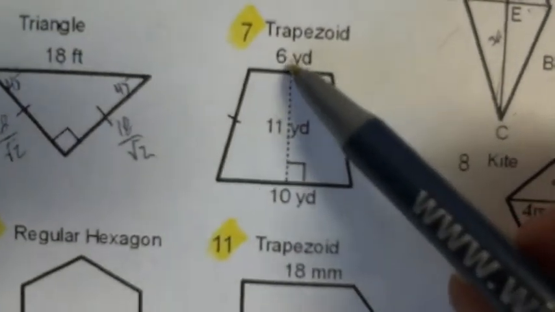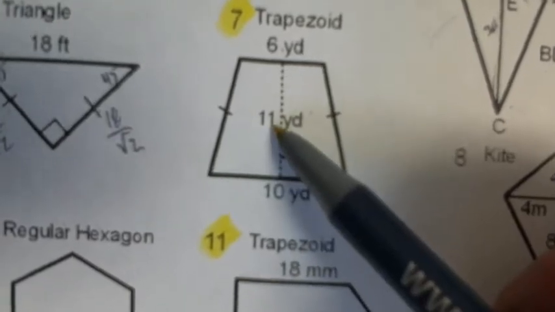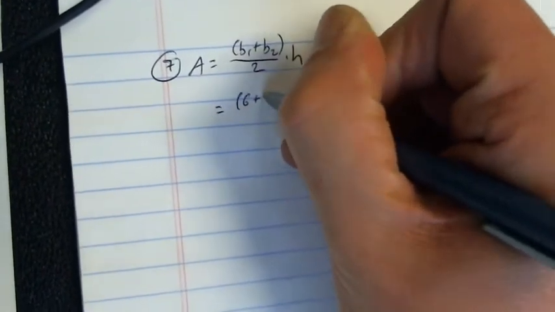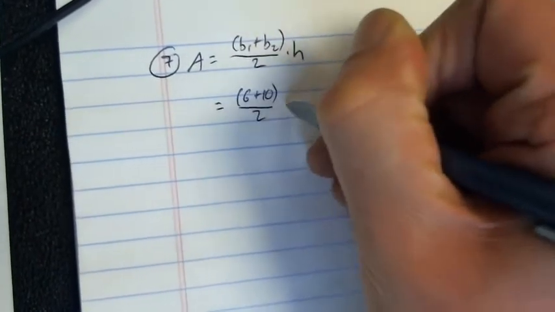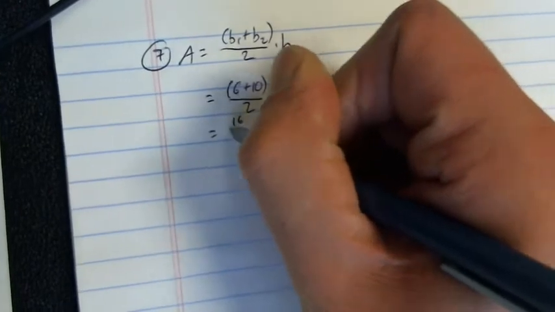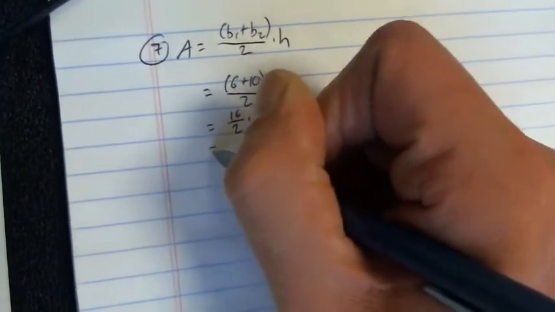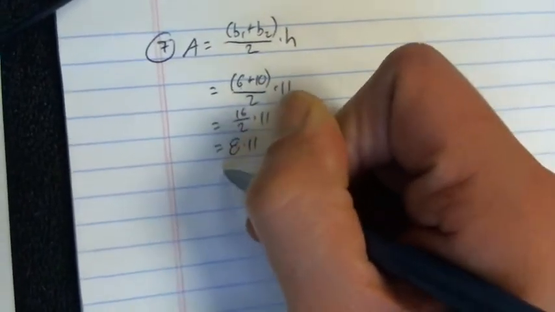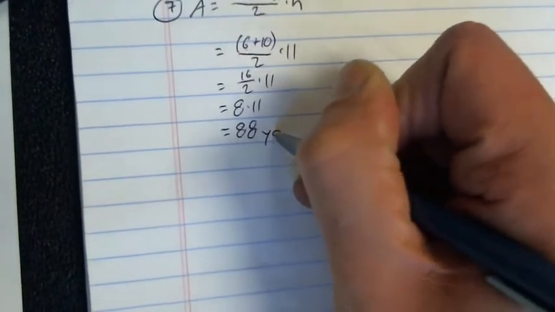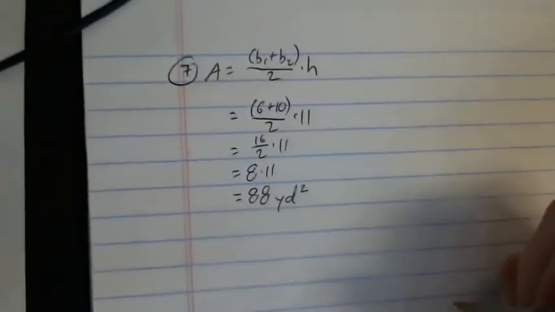Here's one base, here's the other base, here's the height. So we're going to take 6 plus 10 divided by 2 times 11. 6 plus 10 is 16. 16 divided by 2 is 8. 8 times 11 is 88. Started off in yards, and now we're in square yards.